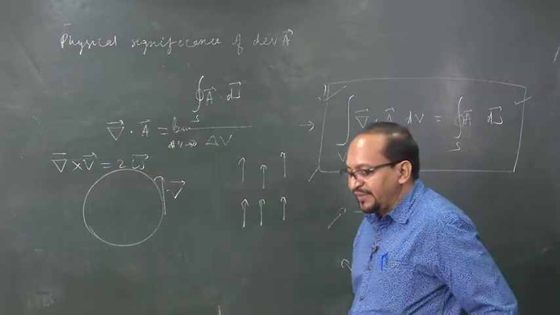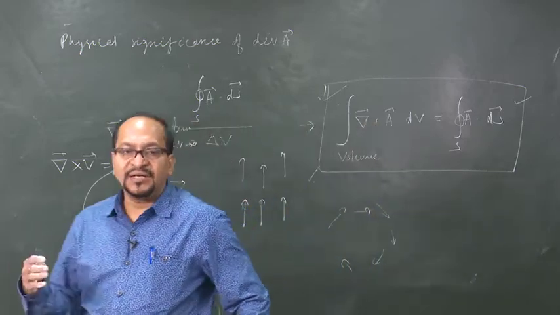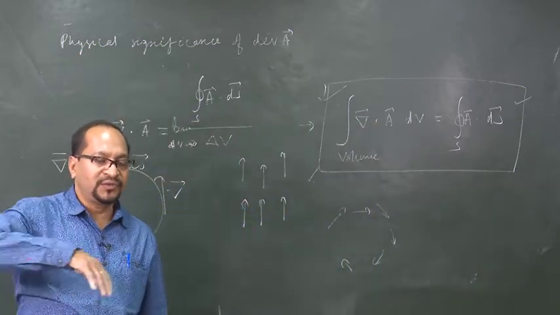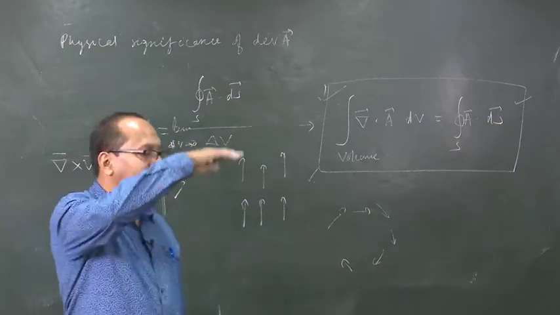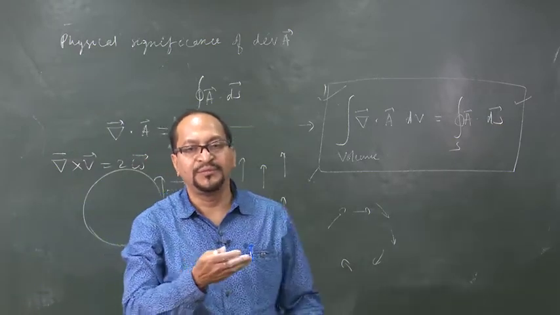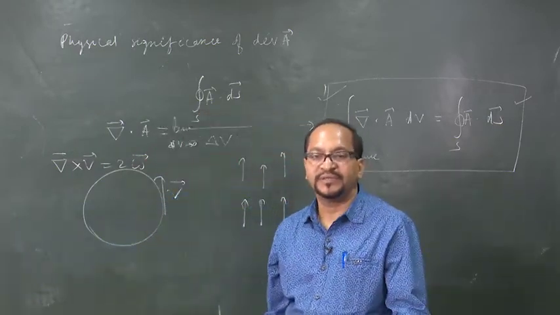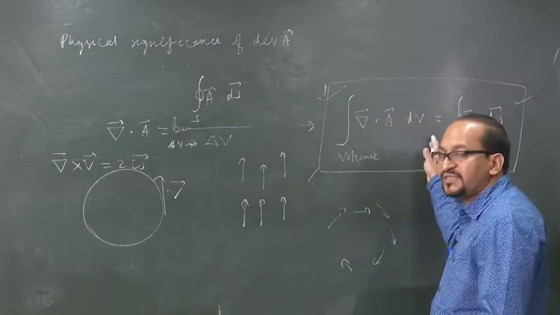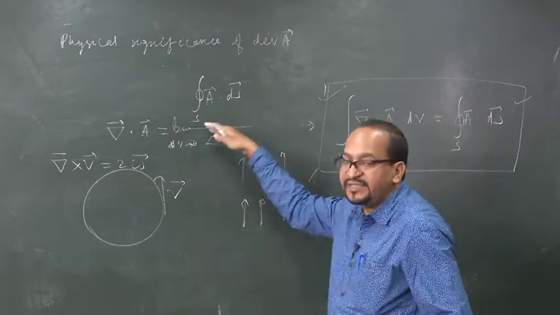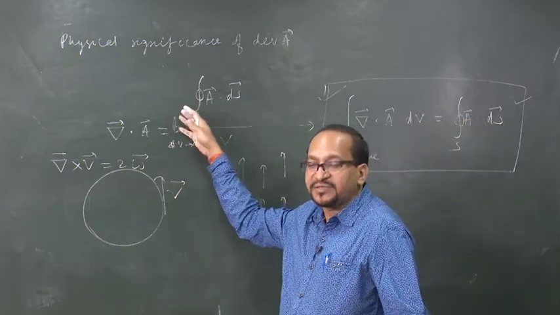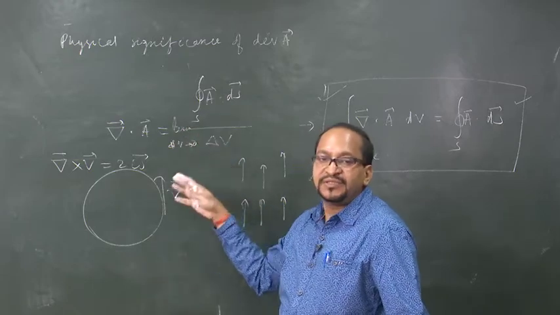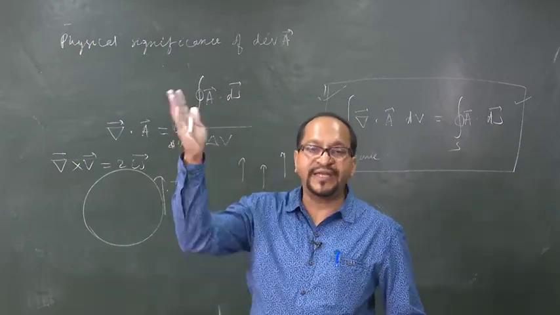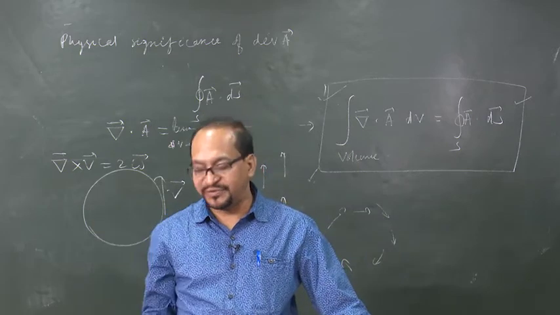And mathematically we say the curl of a vector is the total line integral around a closed curve per unit surface element. As the divergence says that it is the surface integral or total flux per unit volume, this curl says that it is the line integral per unit surface area.